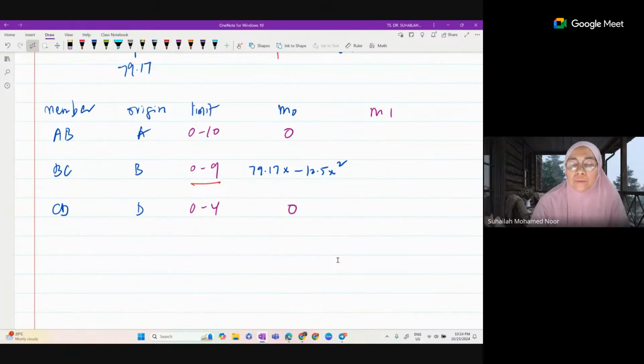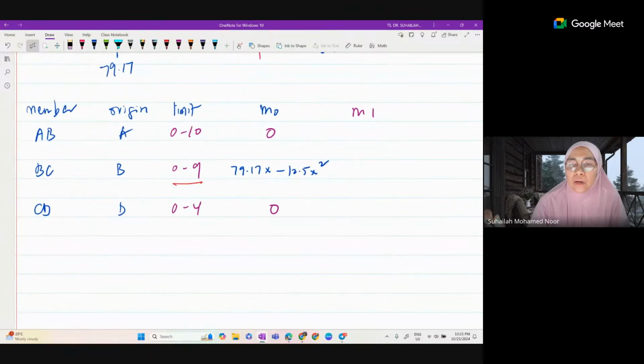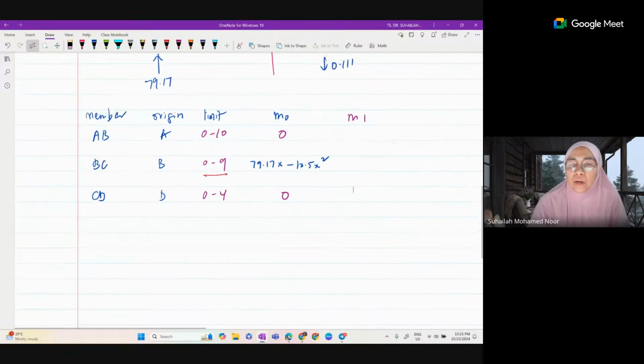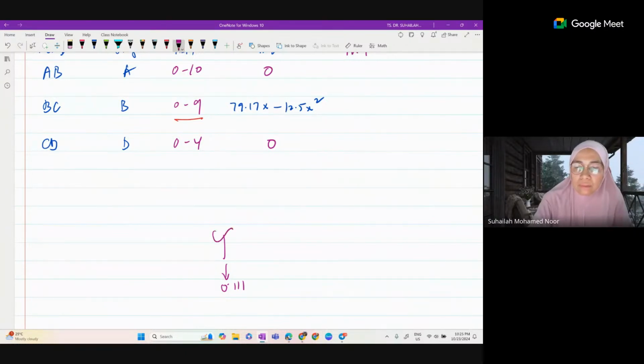Now we can continue to calculate the moment equation for M1. For M1, we have 0.111, not affected, but we have 1 here.